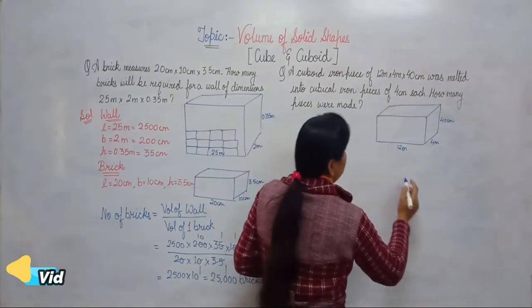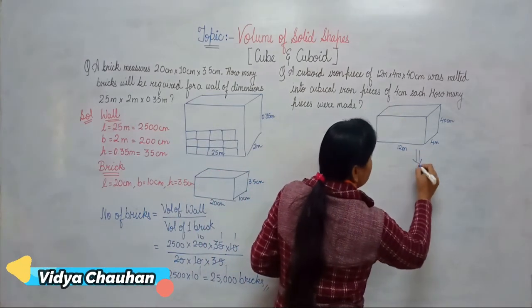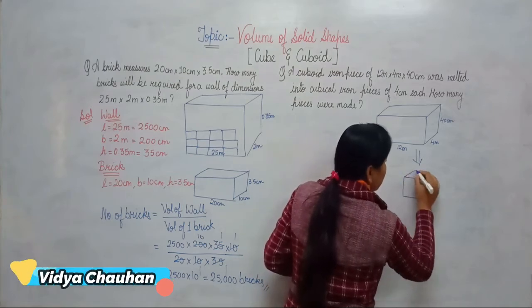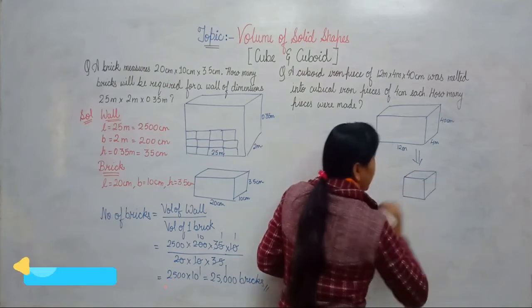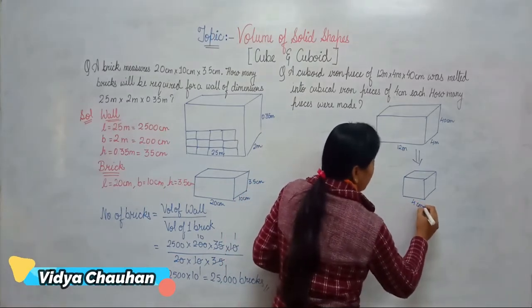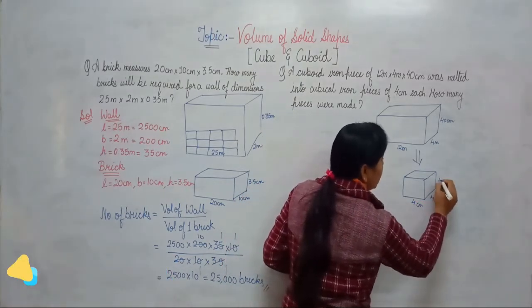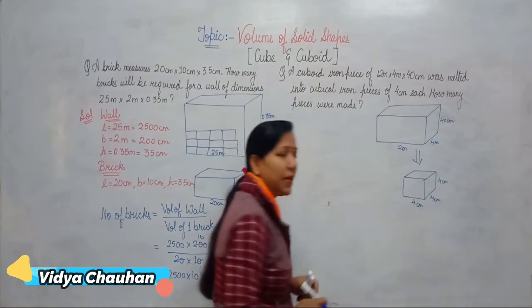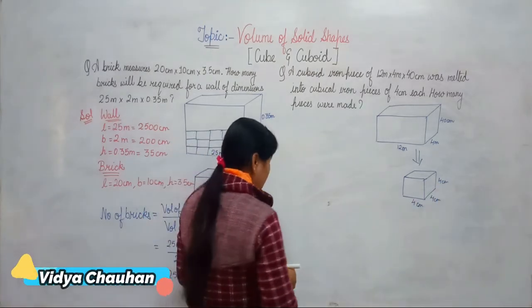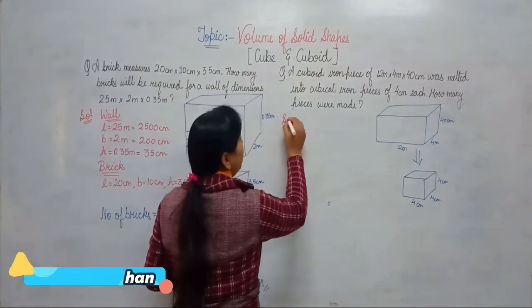Coming to the second part, after melting this cuboid, we made some cubical pieces, and the cubical pieces are of dimension 4 centimeter each. That means all three, length, breadth and height, are 4 centimeter. So we have to calculate how many pieces we will get.